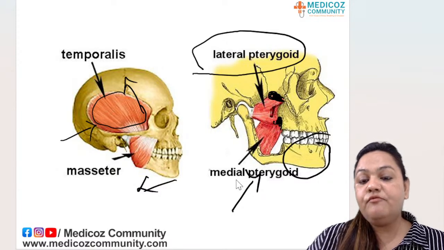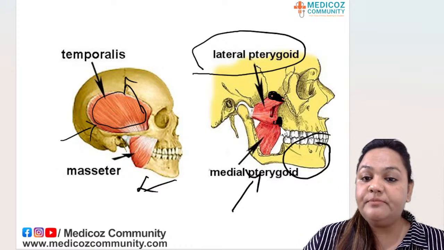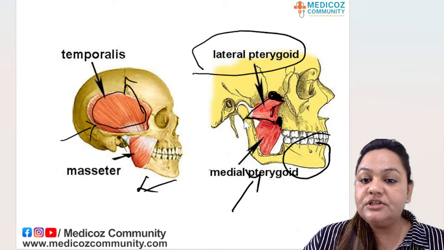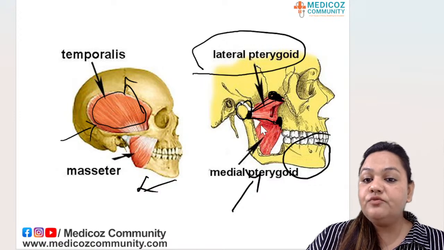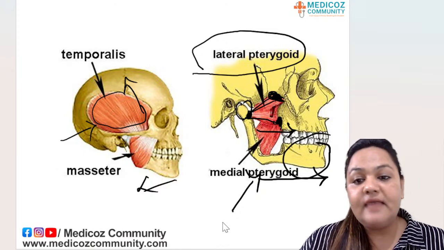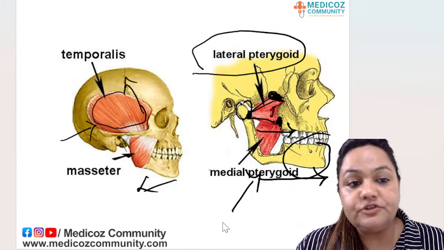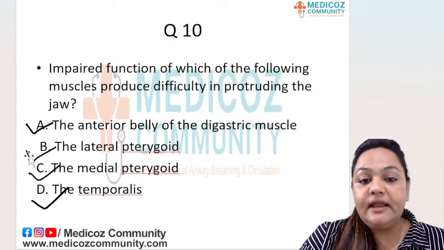Then one head takes origin from the lateral surface of the lateral pterygoid plate, and for the insertion, these fibers go to the pterygoid fovea and the capsule of the temporomandibular joint. When this muscle contracts, it produces the forward movement of your jaw, which is called protrusion of the jaw. Okay, so our answer is the lateral pterygoid muscle.